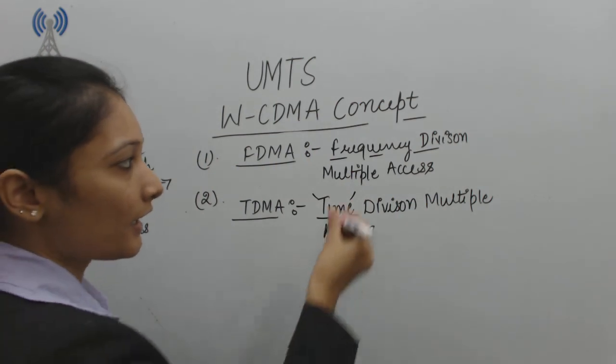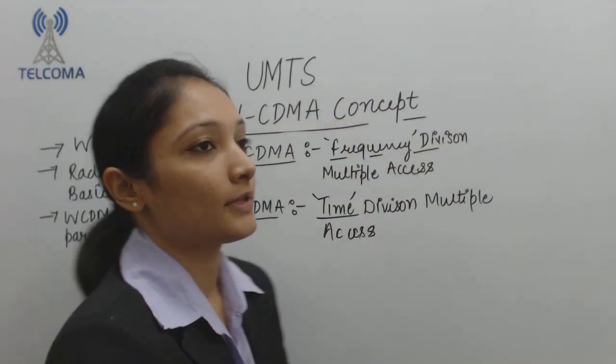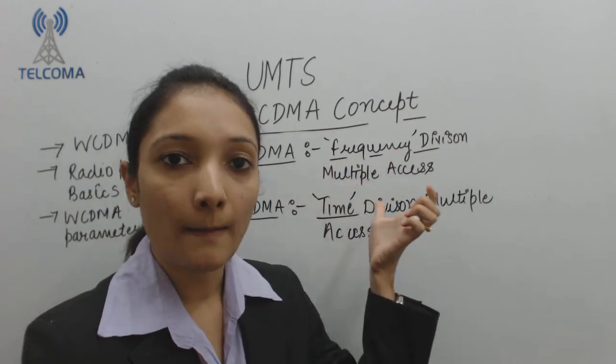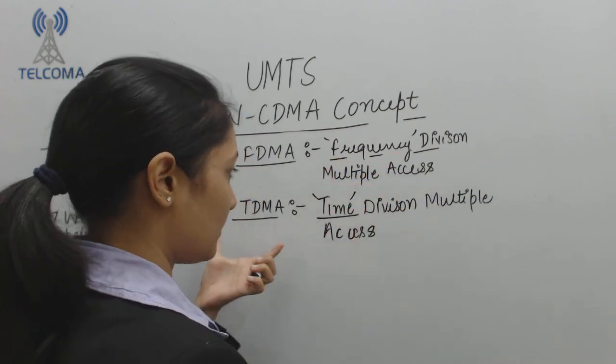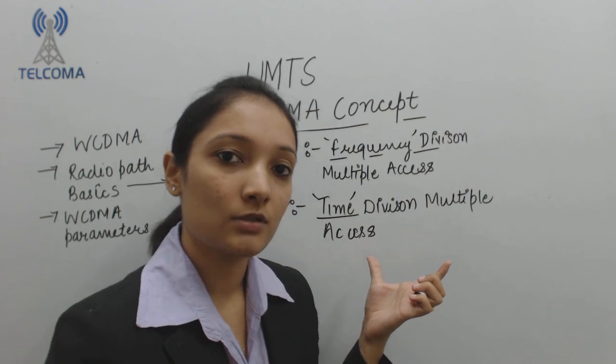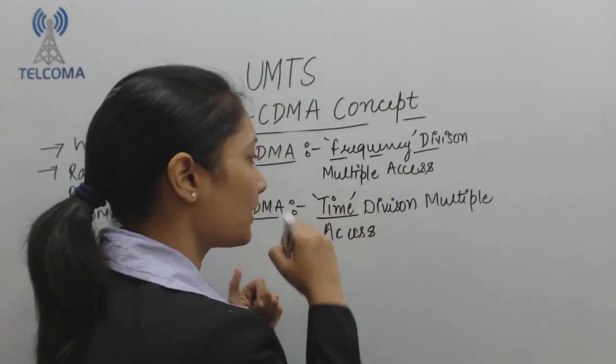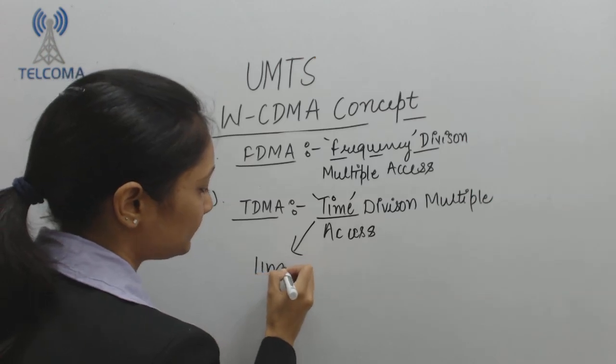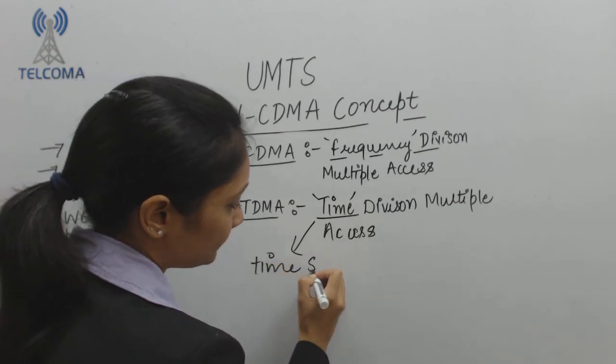Time. Here it was frequency, so the resource allocated to the user was frequency, but in the case of TDMA, the resource being allocated to the user is time. So that means time slots.